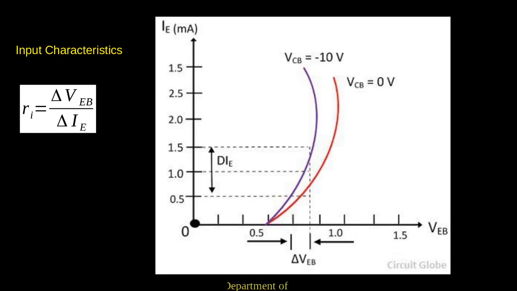The value of collector base voltage VCB increases with increase in the collector base current. The value of input resistance is very low, and it may vary from few ohms to 10 ohms.